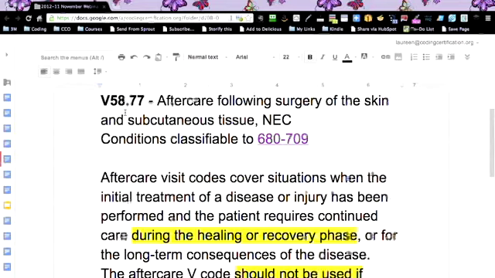Okay, so I looked this one up and it says V58.77, aftercare following surgery of the skin and subcutaneous tissue, not elsewhere classifiable. So to me, that would be your choice if you were going to code aftercare codes.